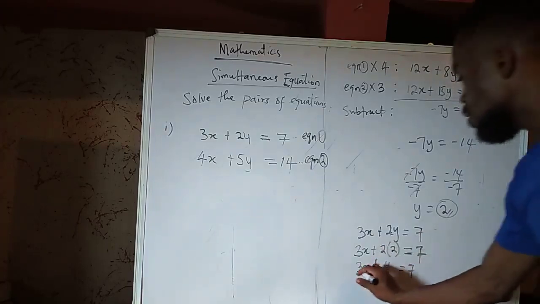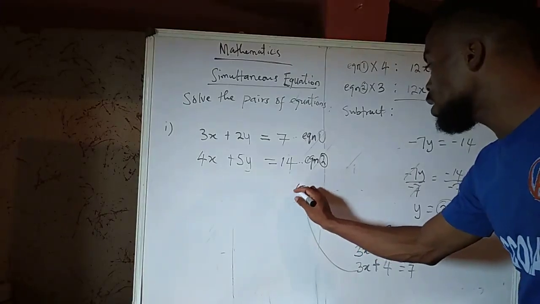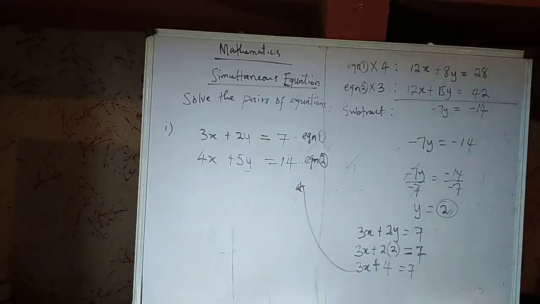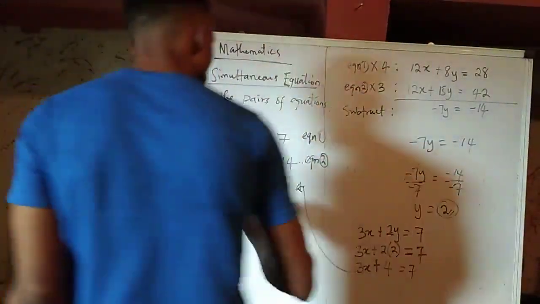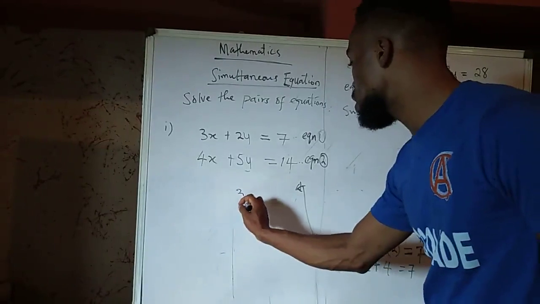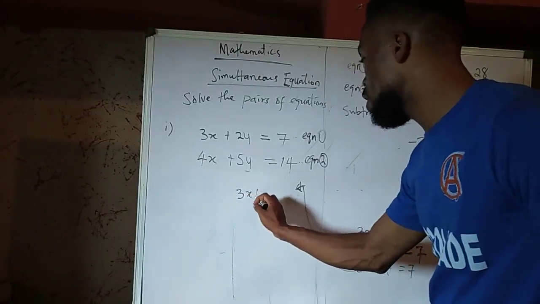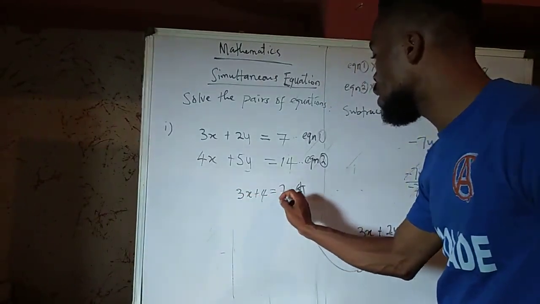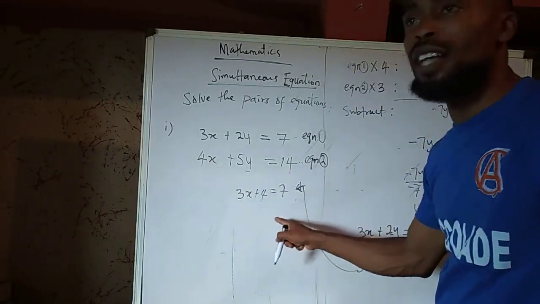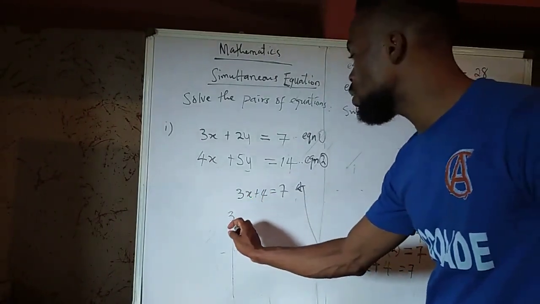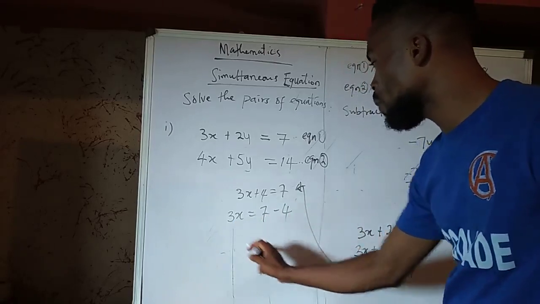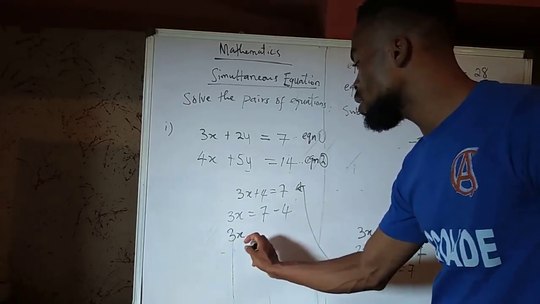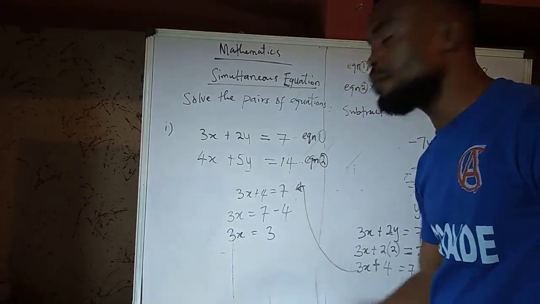Please, I'm taking this over here. I don't think my camera is covering that part of the board properly, so I'll just move over here. So this becomes 3x plus 4 equals 7. The 4 will move over the equality sign so that we get 3x equals 7 minus 4, which is simply 3.